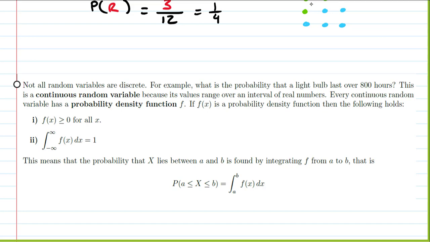This is an example of what's called a continuous random variable because its values range over an interval of real numbers. Every continuous random variable has a probability density function. So if f of x is a probability density function, then the following things must be true. f of x has to be greater than or equal to 0 for all x.